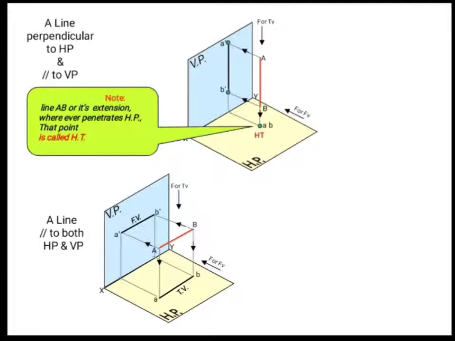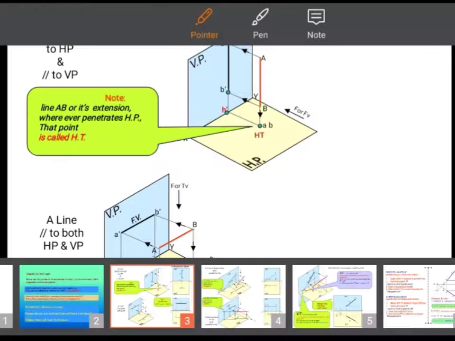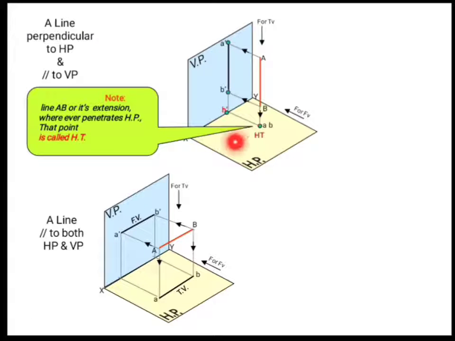Here we can denote the horizontal trace as HT, and an observer looking from the front can view the elevation of HT at vertical plane. This elevation of horizontal trace on vertical plane is denoted by H dash.